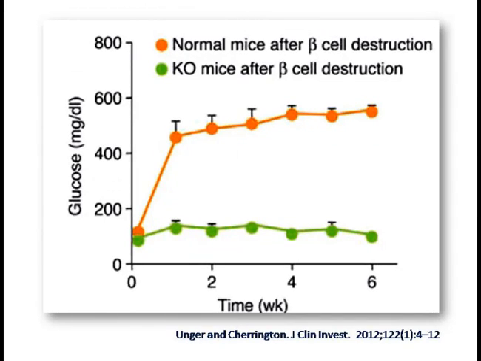Now, if you have a knockout mouse where glucagon has been knocked out, you find that though the beta cells are not there, blood sugar levels completely remain the same. So it is important to note from this mouse model that even if you do not have insulin to regulate the blood glucose levels, you actually have glucagon to push it up, and if it is not there, you can actually maintain normal blood sugar levels.